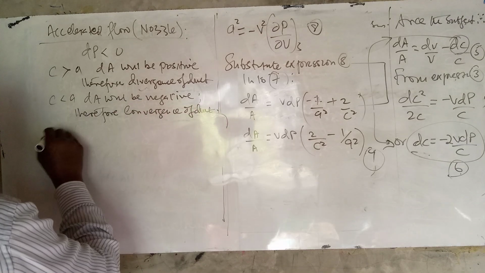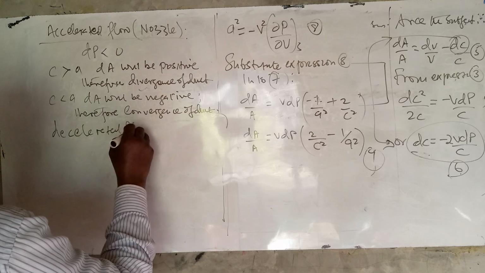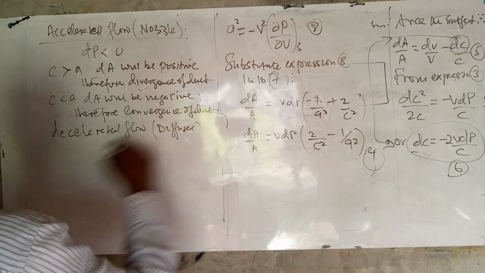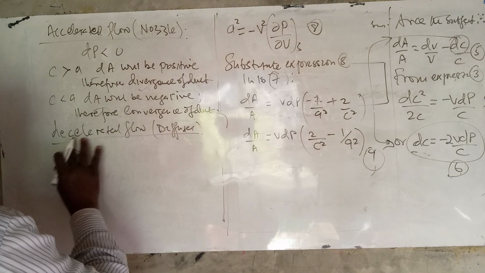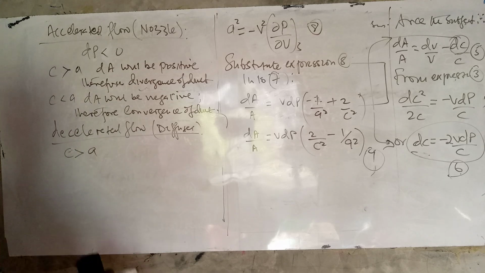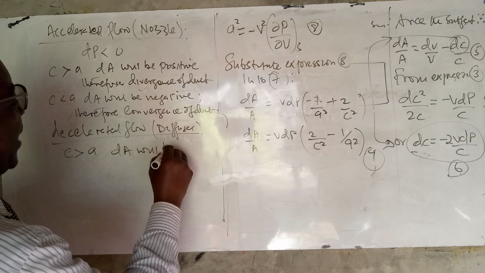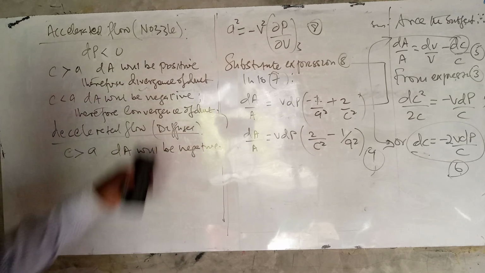Now, in the case of decelerated flow, like you'll find in a diffuser, when C is greater than A, then dA will be negative, and you can interpret it as we have already interpreted above.